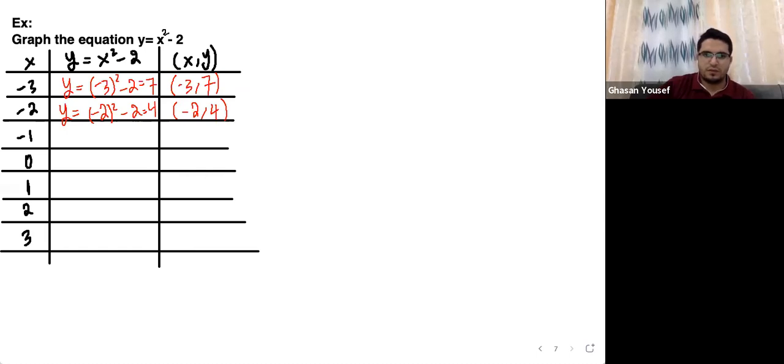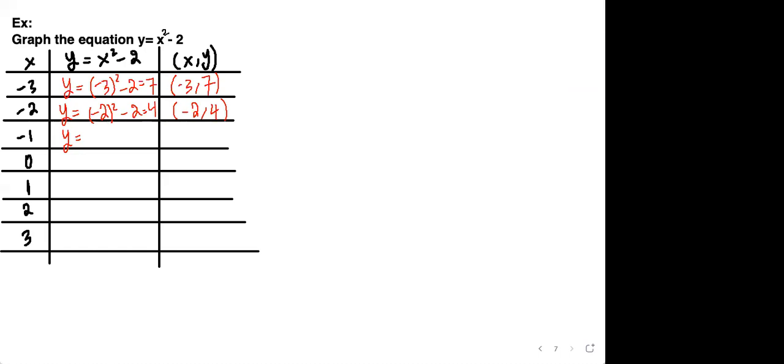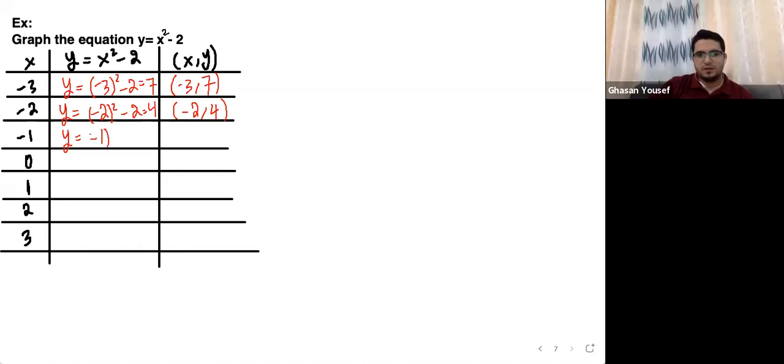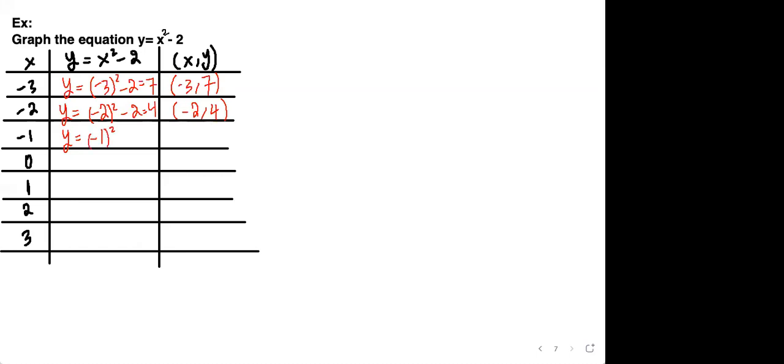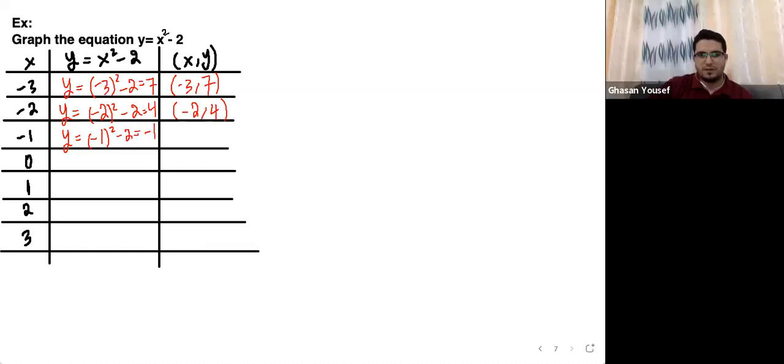Now for the third point, minus 1. What's the answer for minus 1? Minus 1 squared is 1, minus 2 is minus 1. So they give me minus 1. So the point here is minus 1, comma minus 1.